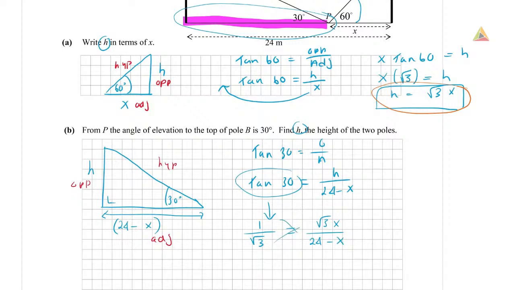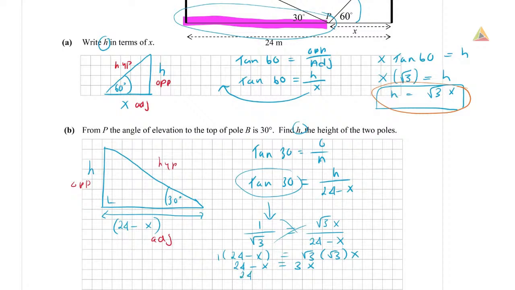So now here we can cross multiply. So 1 over 24 minus x is equal to root 3 over root 3 x. And then what you're going to get is 24 minus x is equal to 3x.